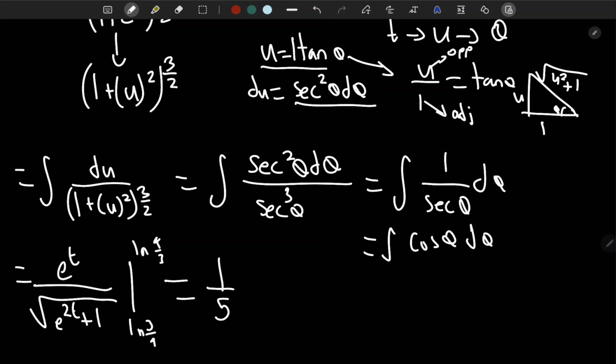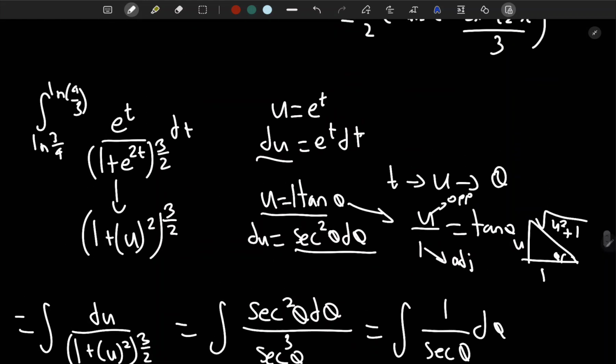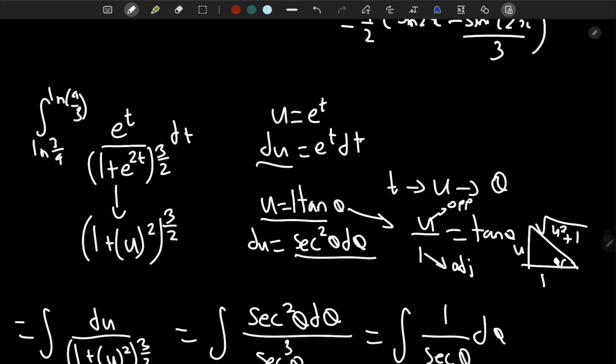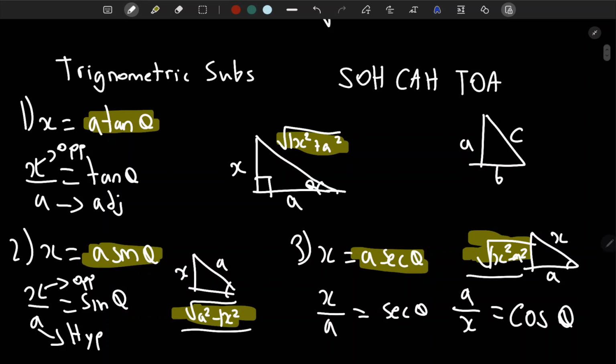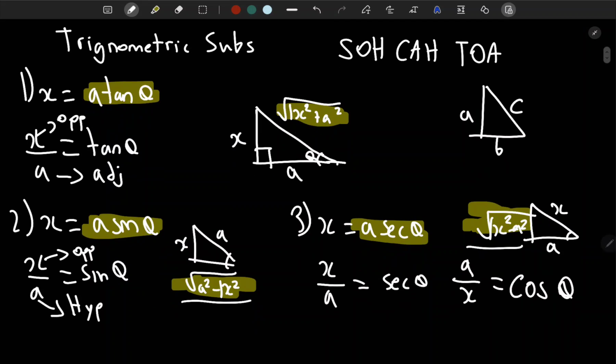One important thing to keep in mind here is that we were given 1 plus e to the power of 2t, and in our normal form for trig substitution we are given x squared plus a squared, where x is a linear function.